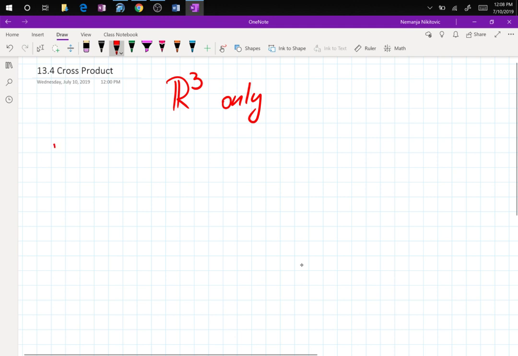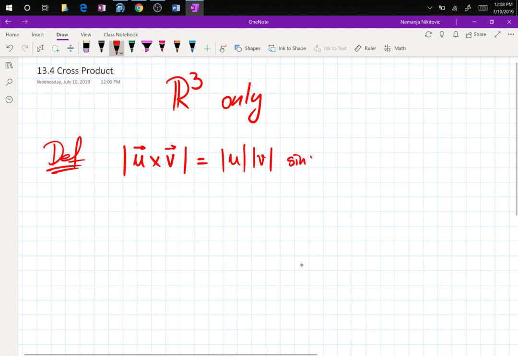So what is the definition for the cross product? The magnitude of U cross V is the magnitude of U, magnitude of V, sine theta. From here, you can get an equation that calculates the angle between U and V, which is the one formula you never want to use because you have to compute the cross product.